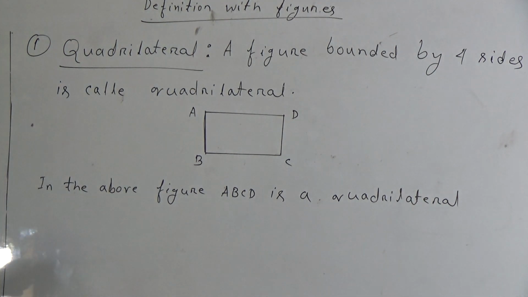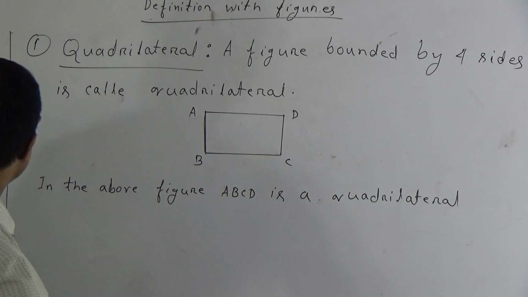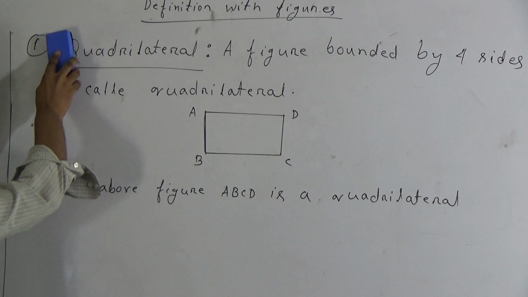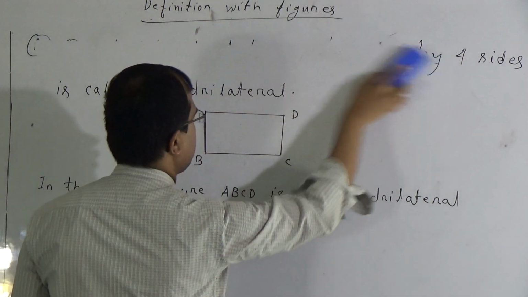Okay, dear students, we have written the definition and have drawn the figure of quadrilateral. Now we'll write the definition of rectangle and we'll draw the figure of it also.